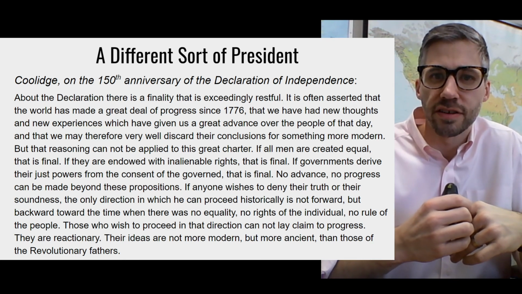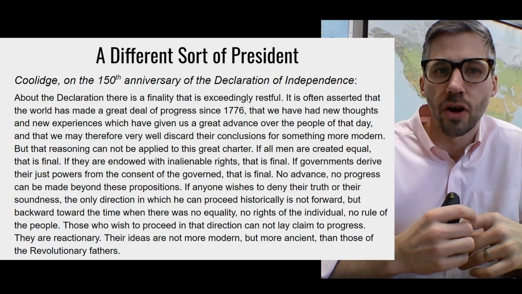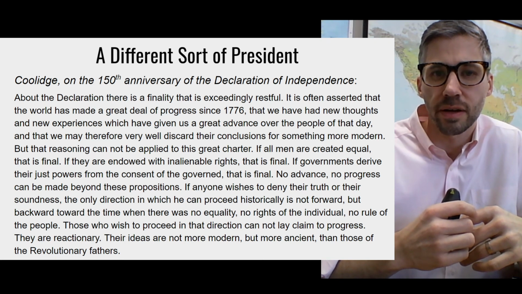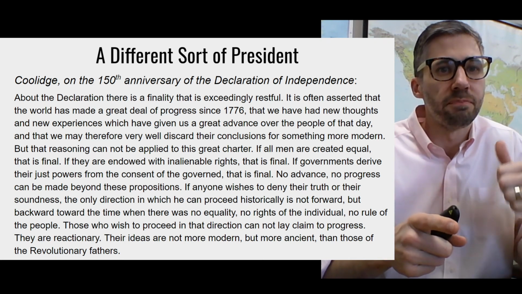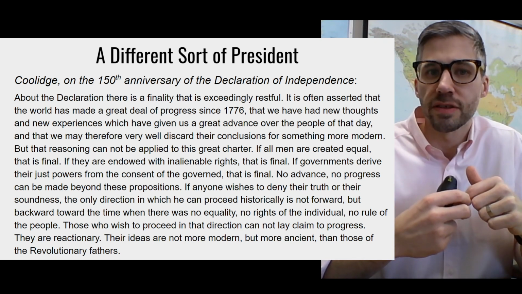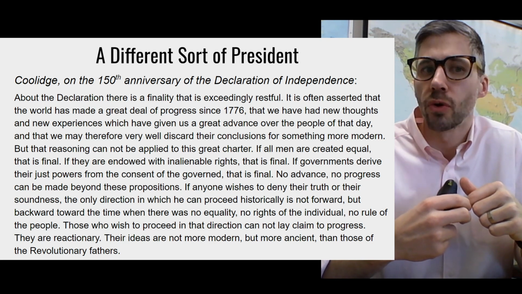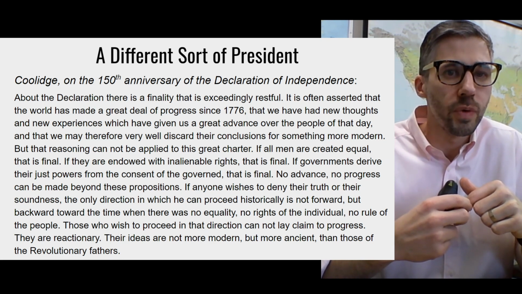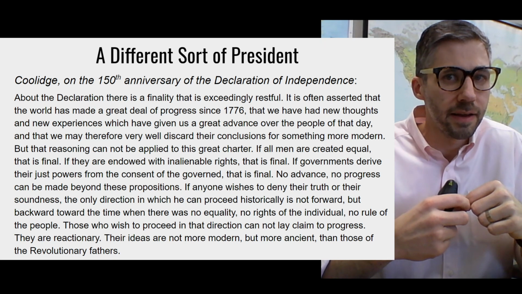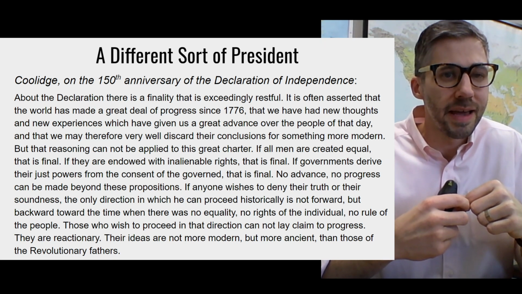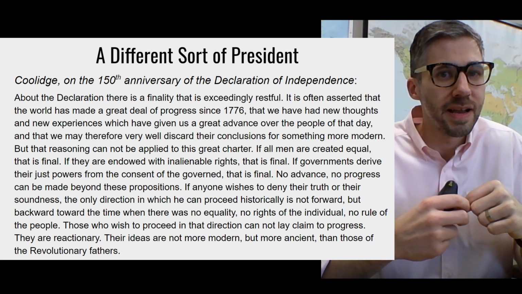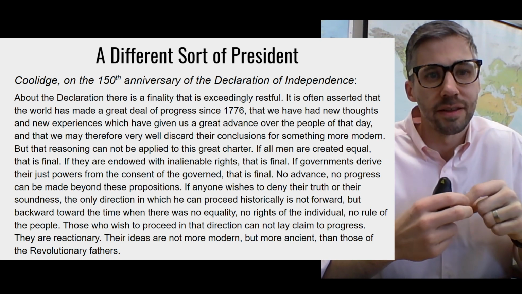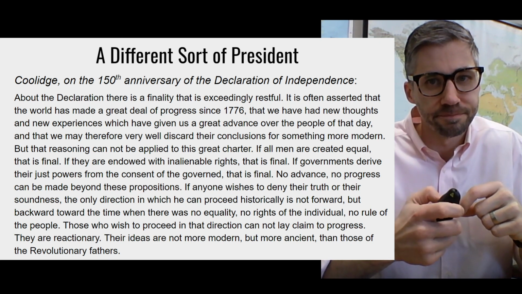If anyone wishes to deny their truth or their soundness, the only direction which he can proceed historically is not forward, but backward, toward a time when there was no equality, no rights of the individual, no rule of the people. Those who wish to proceed in that direction cannot lay claim to progress. They are reactionary. Their ideas are not more modern, but more ancient than those of the Revolutionary Fathers.